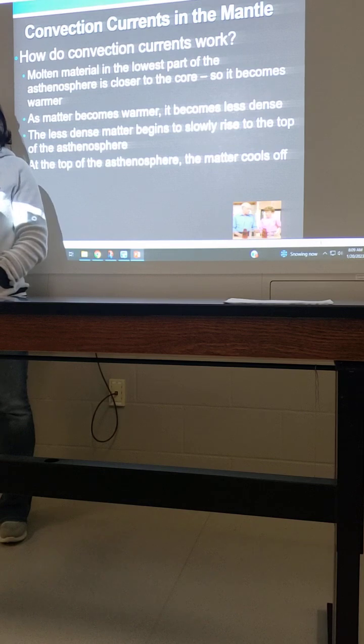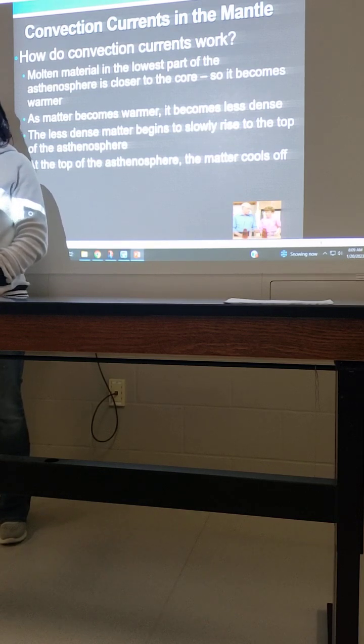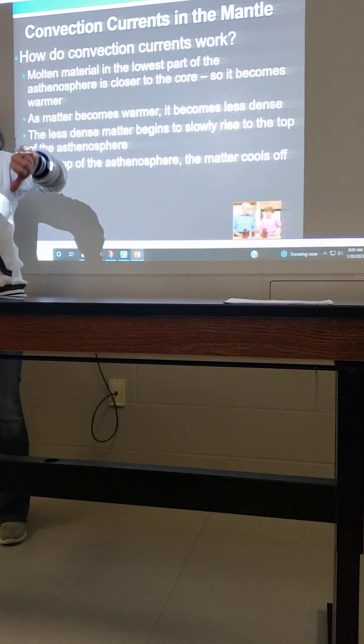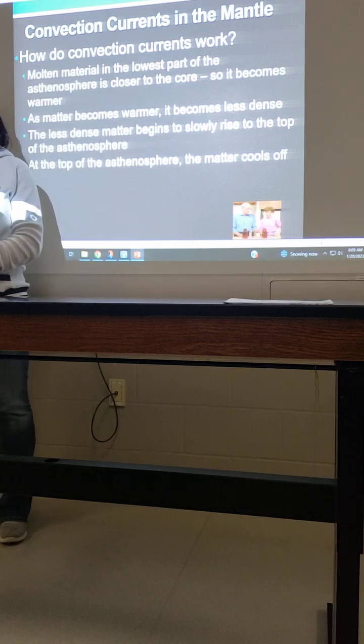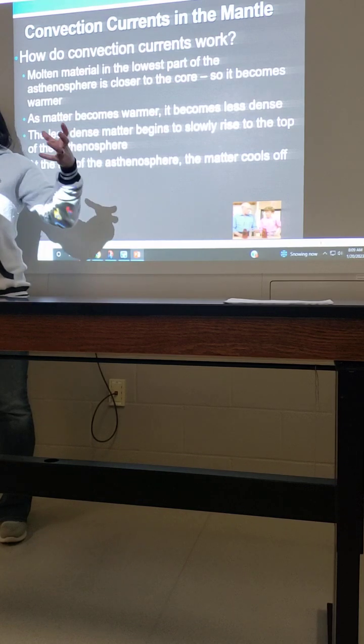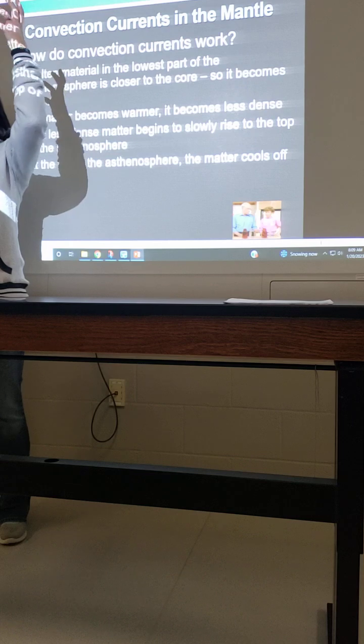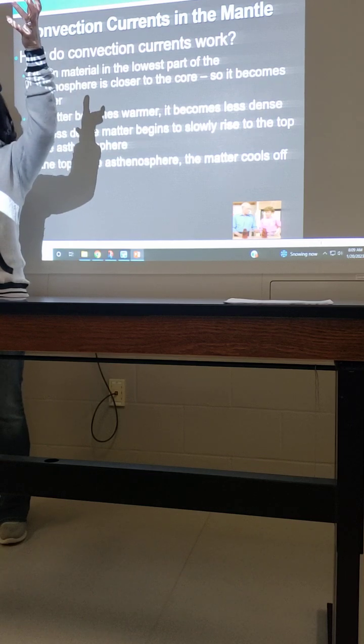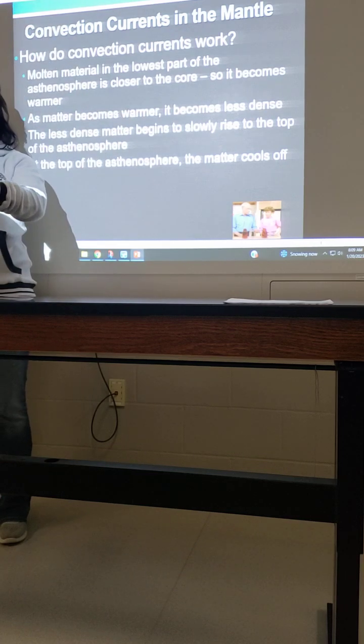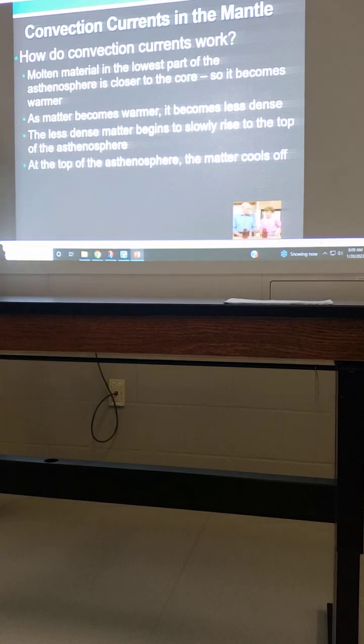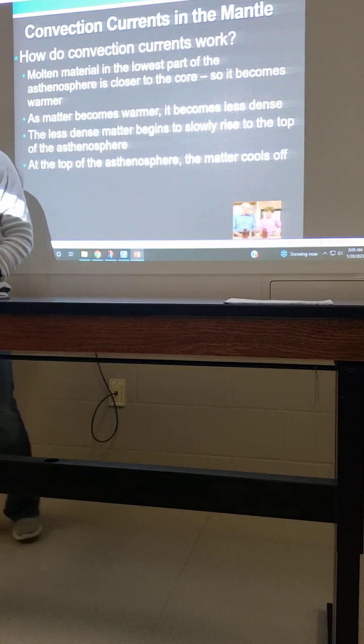So this process, you just need to think about it with common sense and logically, right? Now as it's sinking back, what's it getting close to again? The heat source. So what's going to happen to it? It's going to get warmer. Uh-oh, when it gets warmer, less dense is going to rise. It gets away from the heat, cools down, becomes more dense, and sinks again. And so you get this continual cyclical pattern.